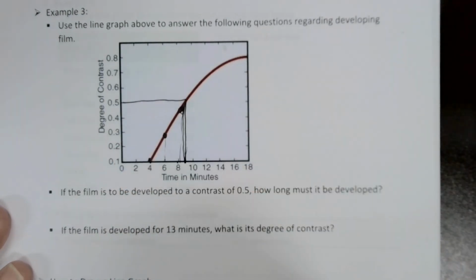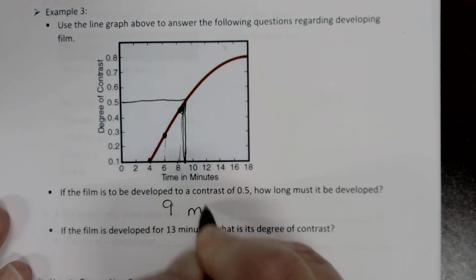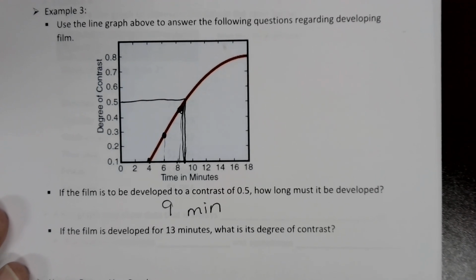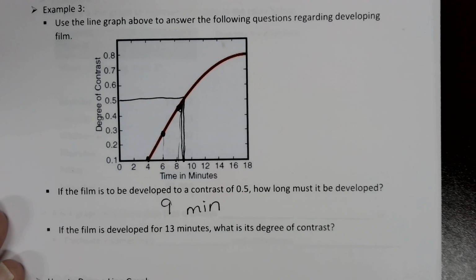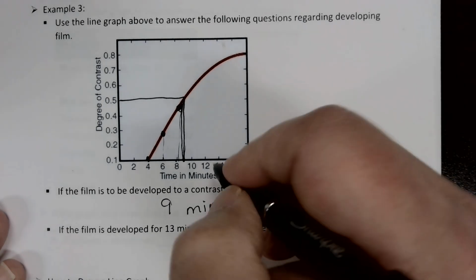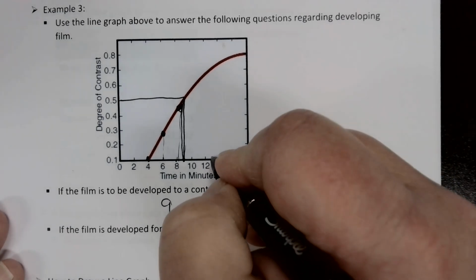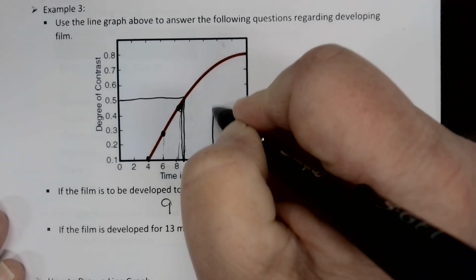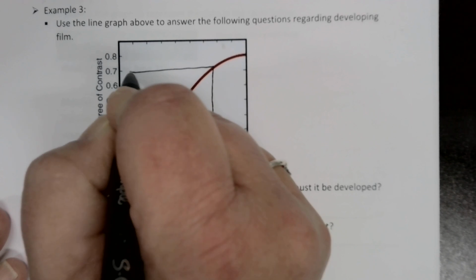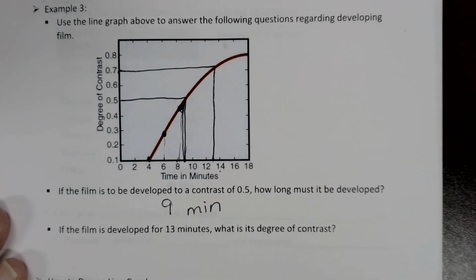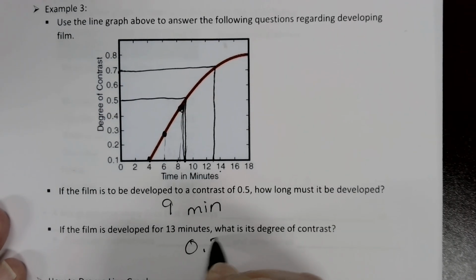So you could say 9 minutes as an estimate, right in between there. If the film is developed for 13 minutes, what is its degree of contrast? Well, 12 to 14, so right in the middle is 13. Just go straight up and come straight across. What's its degree of contrast? 0.7.